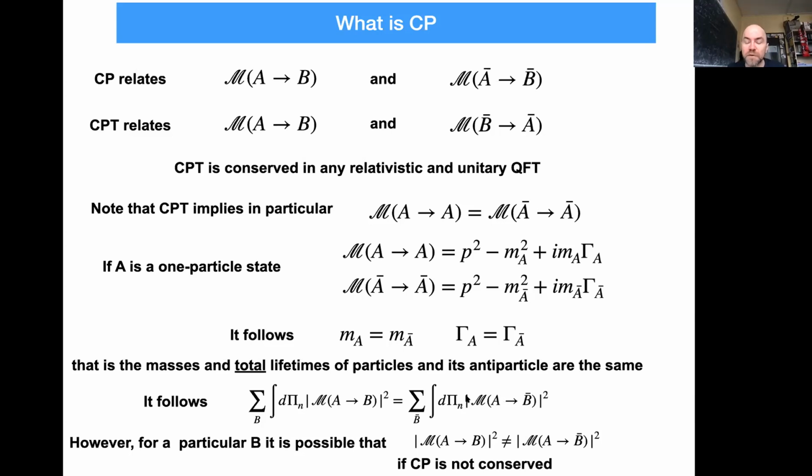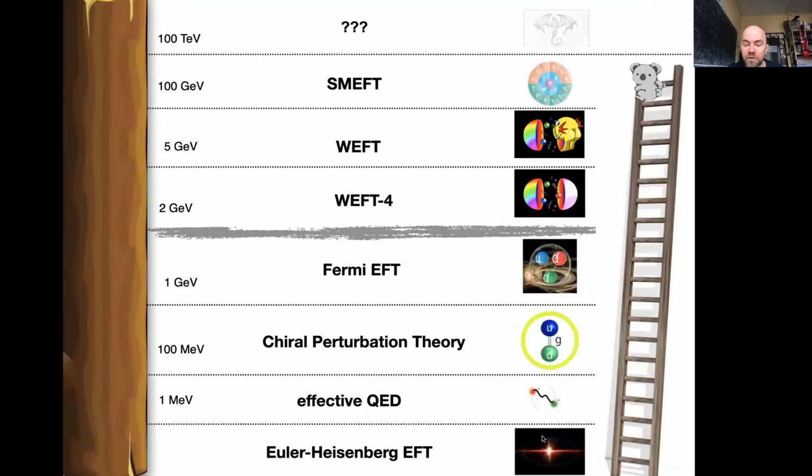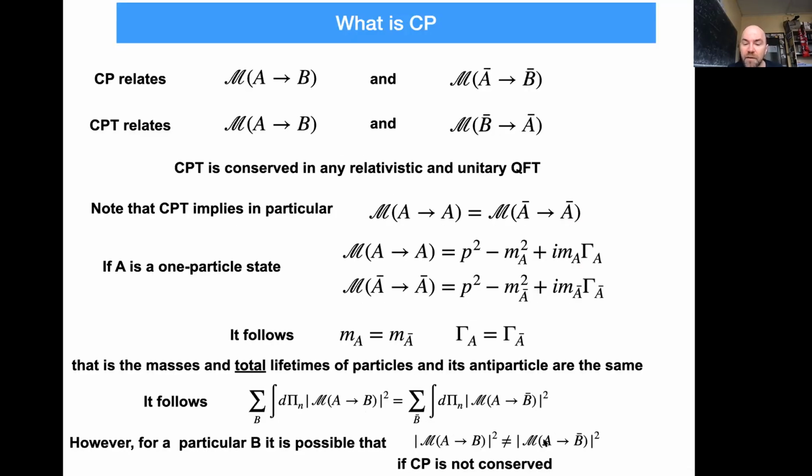The total width has to be the same. However, that doesn't mean that the particular decay channels have to be the same. The partial widths can differ between the particle and antiparticle, but the sum over them has to be the same. So the consequence is that if you violate CP, you cannot change only one decay channel. If you change one decay channel, there has to be some compensation in another decay channel, because again the total widths of the particle and antiparticle have to sum up to the same.